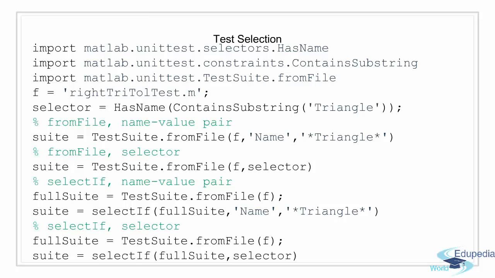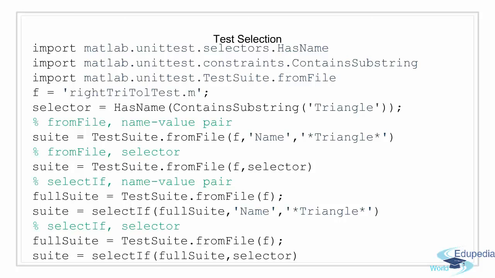The second is the selector, where you pass the selector as an argument and get the test. Again, the selector is based on the string triangle, so I am selecting the same test here also. The third is based on the selectIf method, where we pass the name value pair.